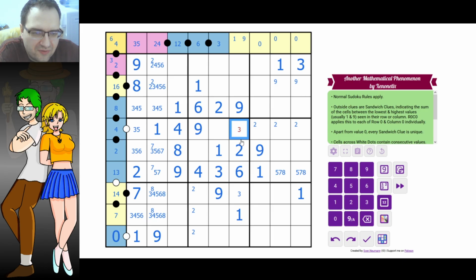So 3, 4... Yeah, that would be 16. The minimum is 16. And we would need a 3, right? Is there another minimum? If this is a 4? We need a 2. No, this is the 19.